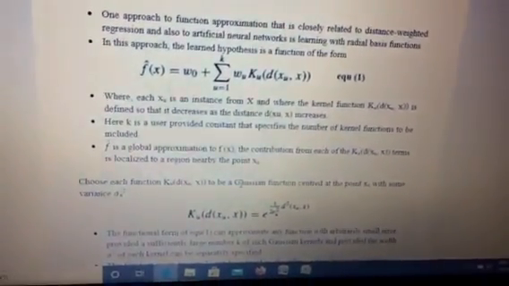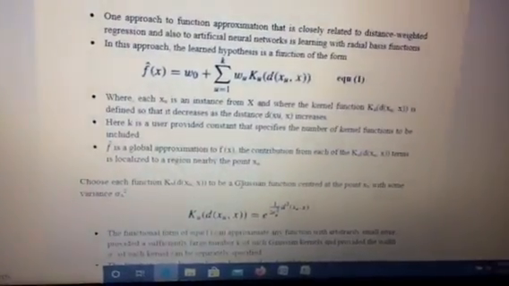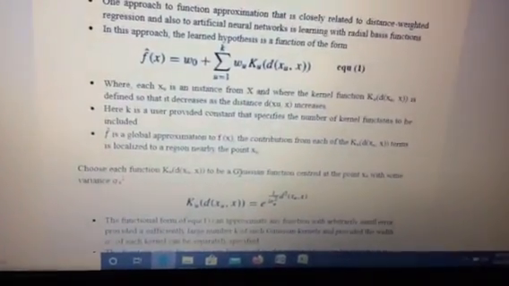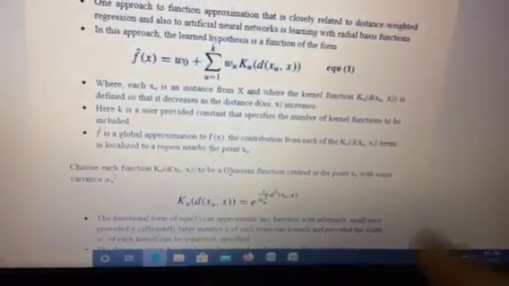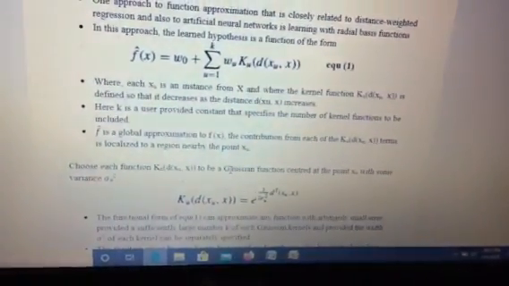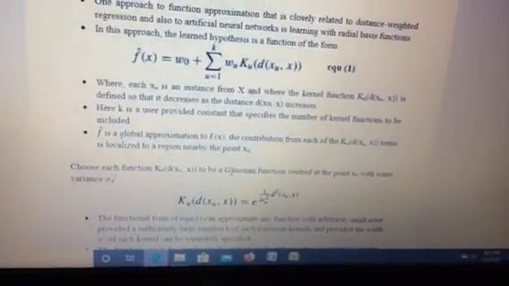As the distance increases, the kernel value decreases.